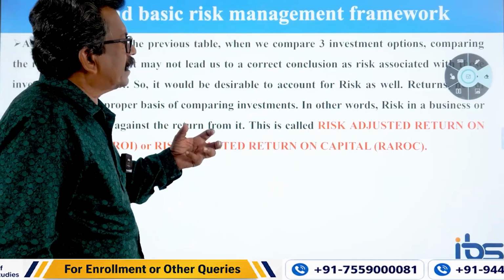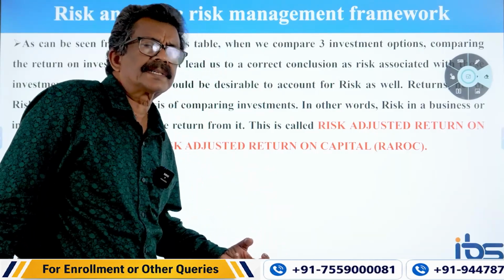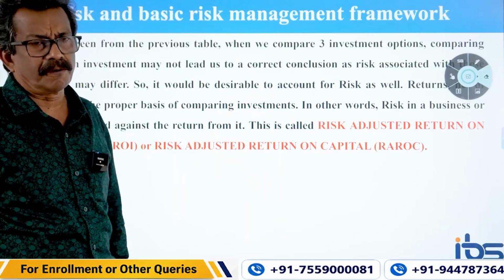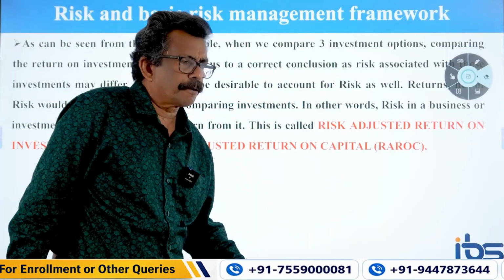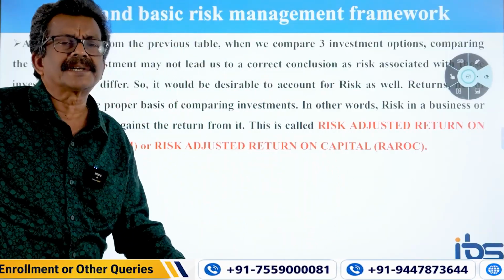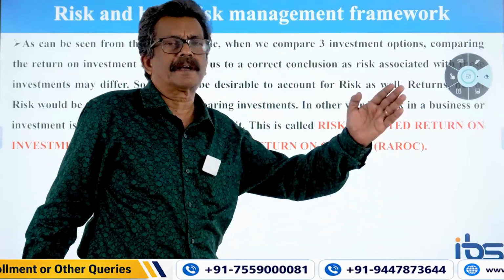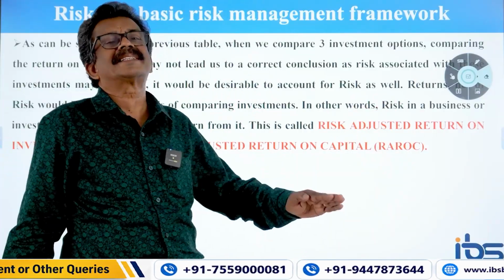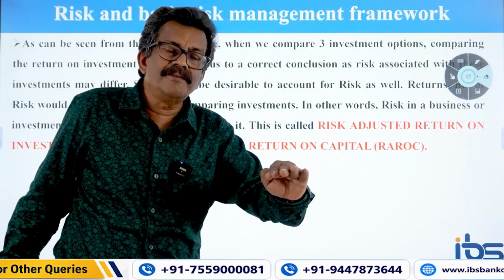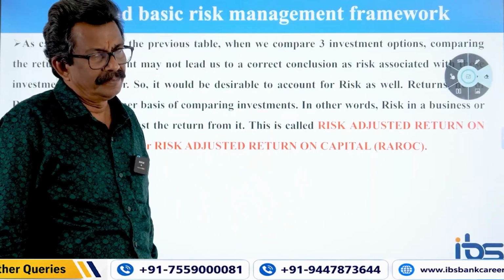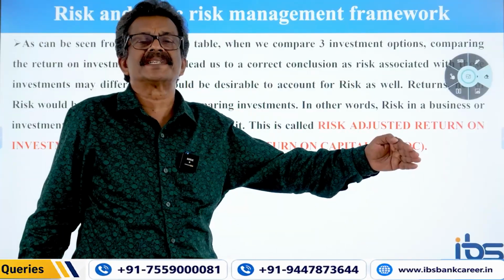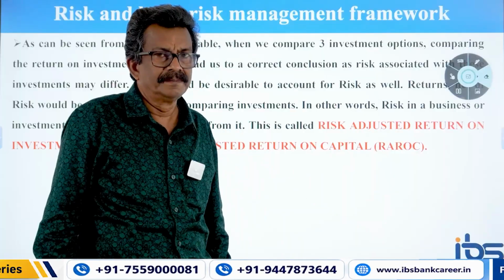So it is always better to factor this risk component into your net profit. You reduce it from the net profit, then you arrive at the net return after adjusting the risk component. That is the risk adjusted return. It will give you a true picture of what exactly the business has generated as profit.